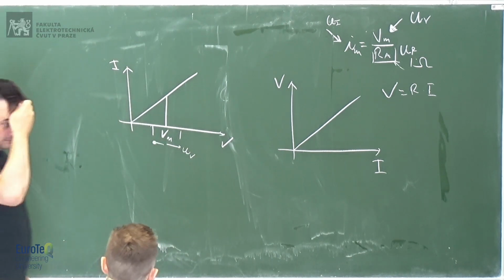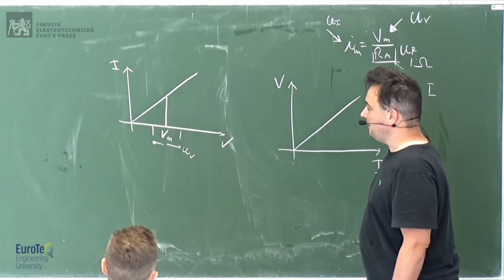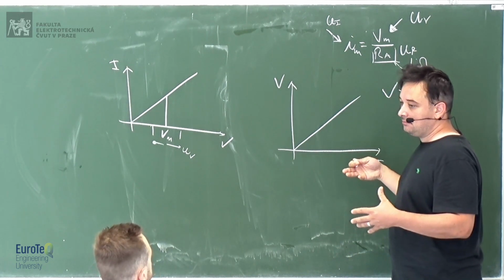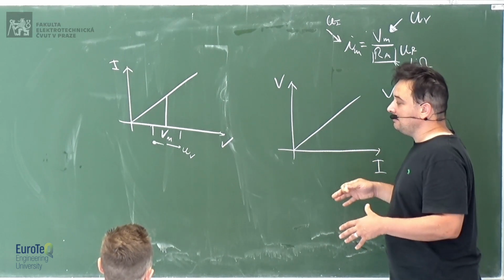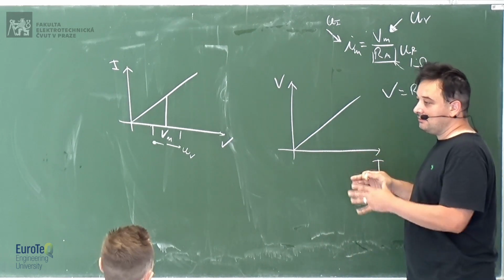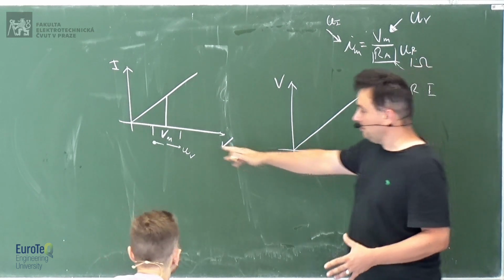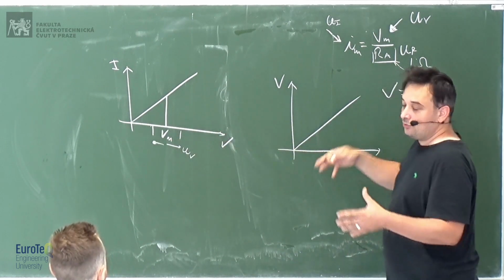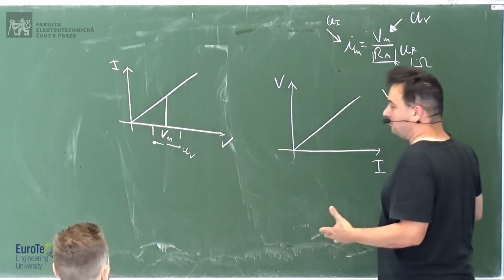Correct? Yes. So when we measure the voltage, we say, fine, I don't know the exact value of the voltage. I know there is some range I can associate reasonably with the measurement that I want to do. The measurement is what you want to measure, and this range is given by the uncertainty of the voltage.